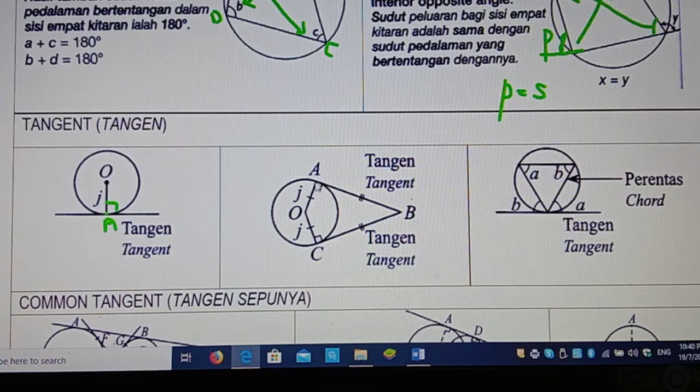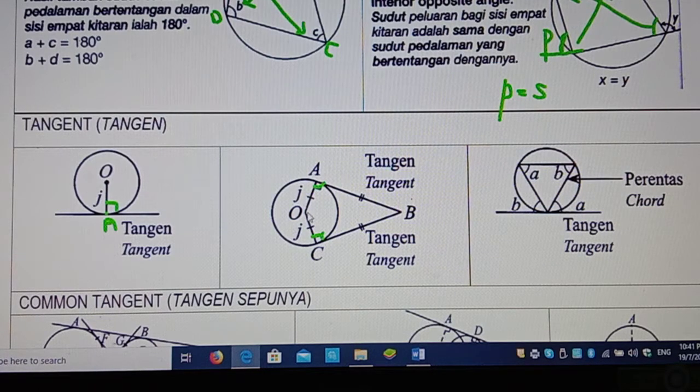at B. So we can say AB equals AC. The length of AB equals the length of AC. If you draw from the center to point A, this one is a radius. You draw from point O to C, this is a radius. Radius and tangent are 90 degrees. So what properties can we see from here?